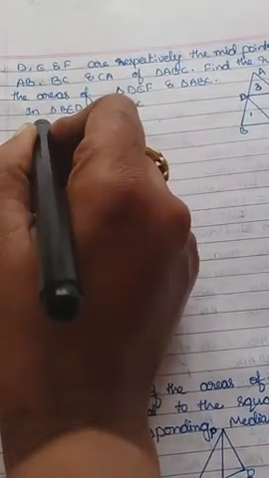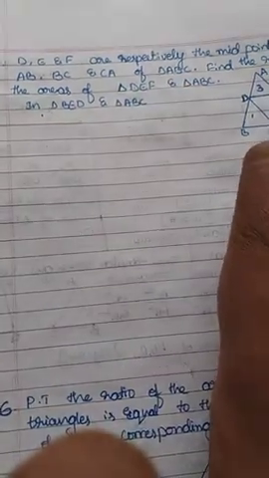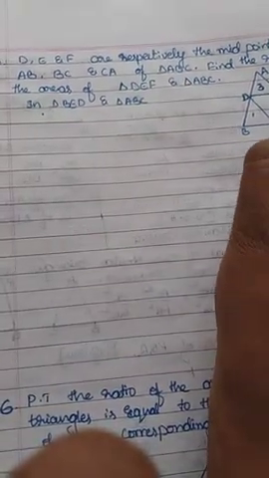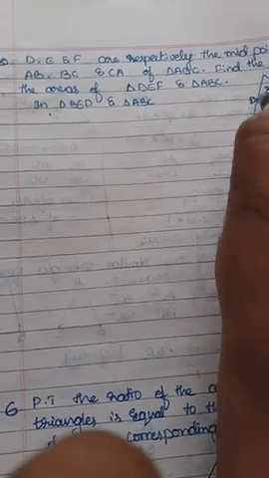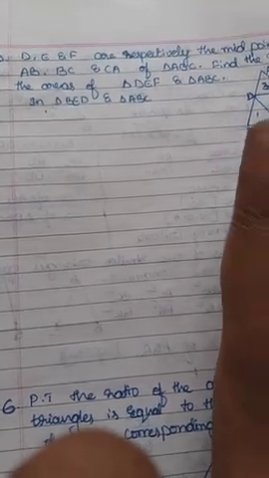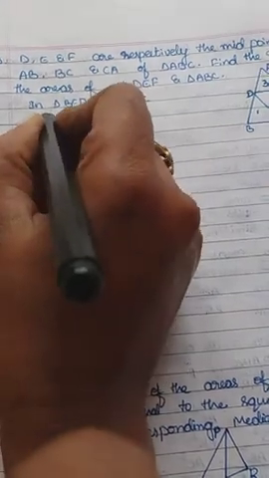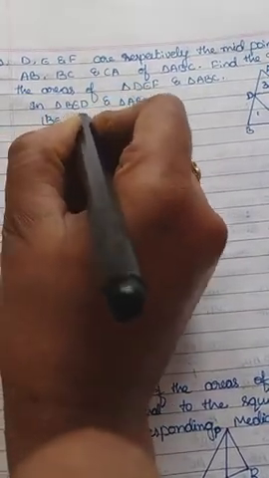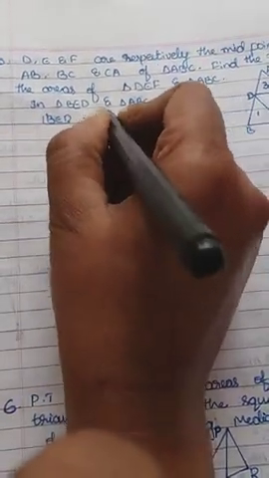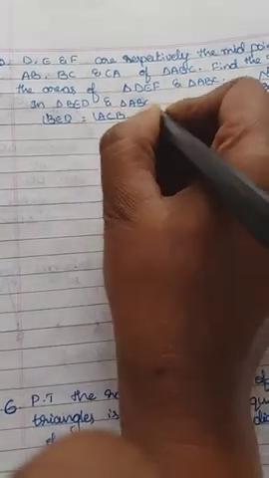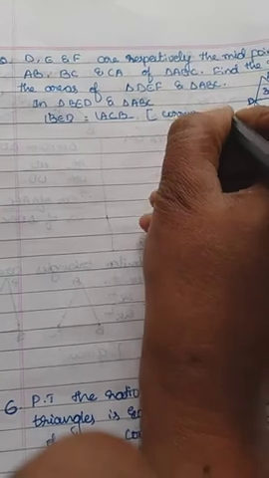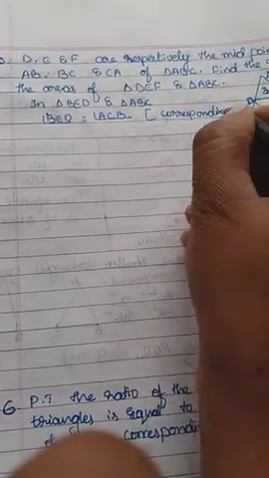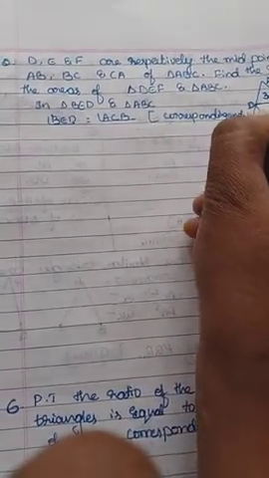Here we can take angle BED equal to angle BCA because they are corresponding angles. We can take angle BED equal to angle ACB or BCA, anyhow we can take. They are the corresponding angles, keep in mind.